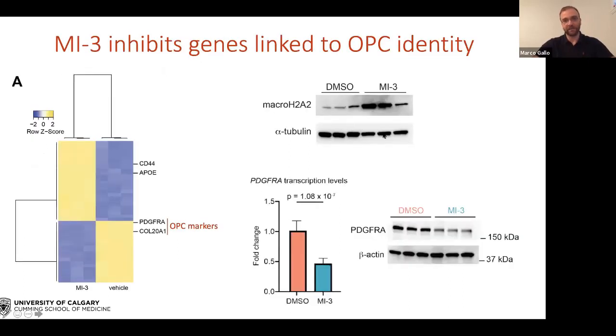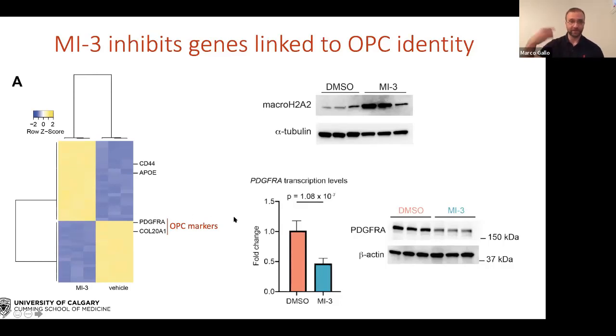First, we confirmed that menin inhibition increases macroH2A2 levels, at the transcriptional level and at the protein level. And then Anna treated the cells with sublethal concentrations of menin inhibitor, I think it was an IC10 or IC20. And what she found is that when she adds the inhibitor to the cells, two key OPC markers, PDGFRA and COL20A1, become repressed.